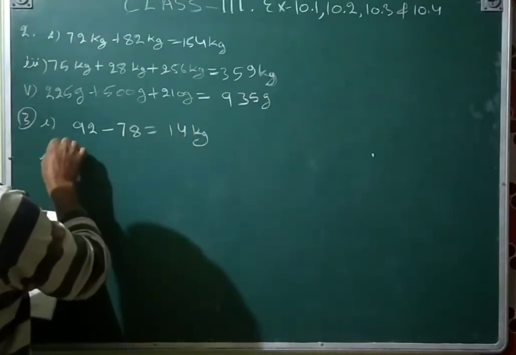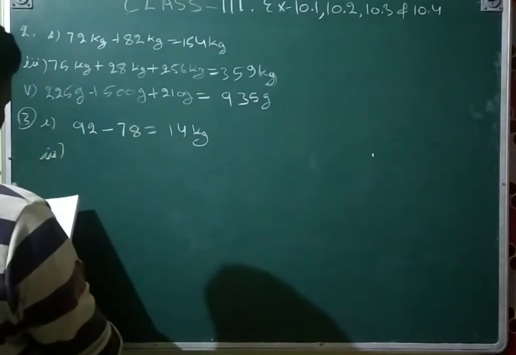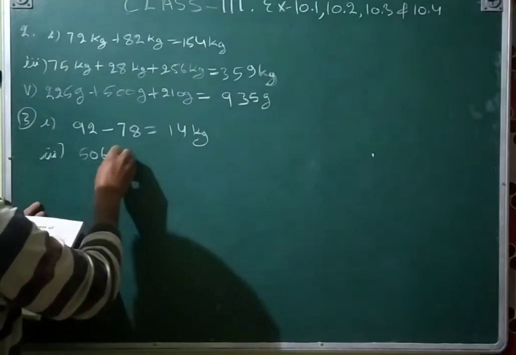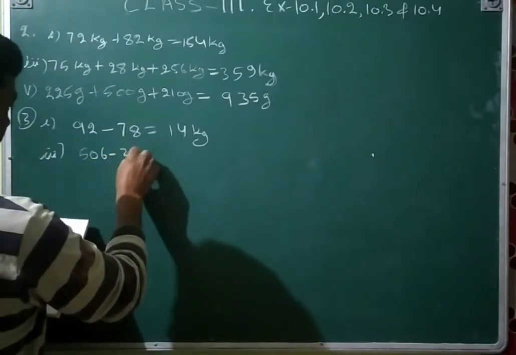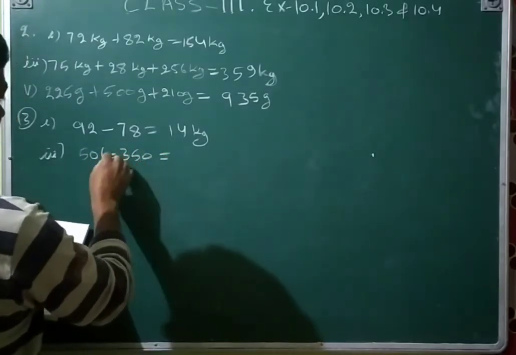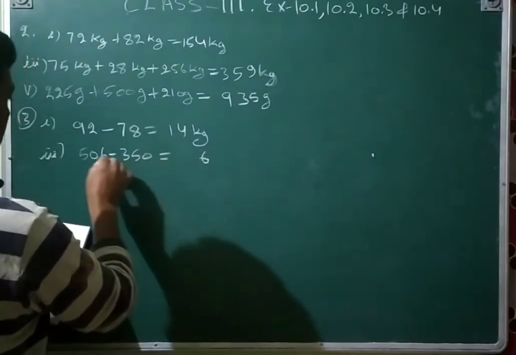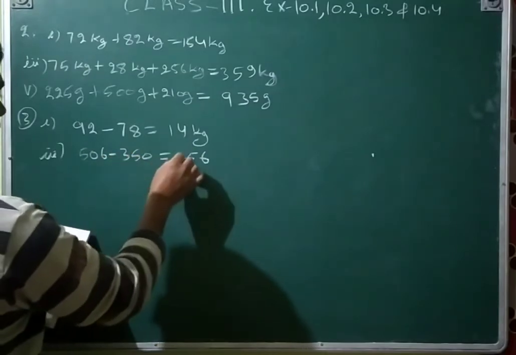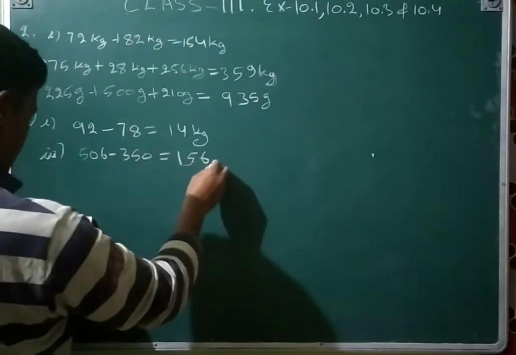And then the third part: 506 minus 350. 6 less 0 is 6, 10 less 5 is 5, then 4 less 3 is 1, that is kg.